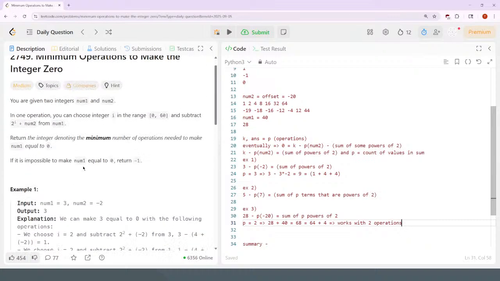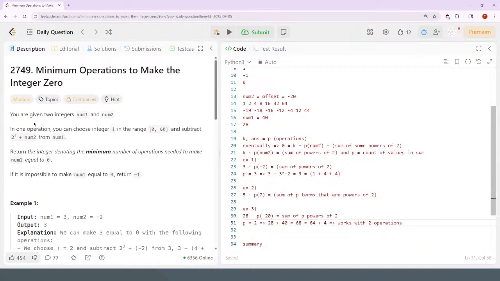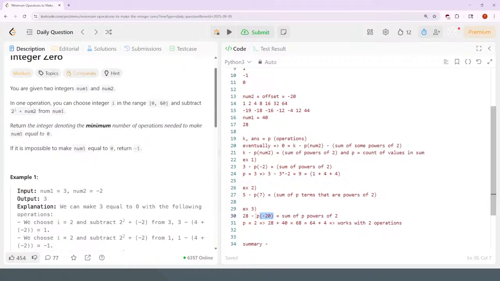How to logically think about that. So this is just a linear type deal. Your slope is your num2. P is like x, that's mx plus b. Num1 is your offset.